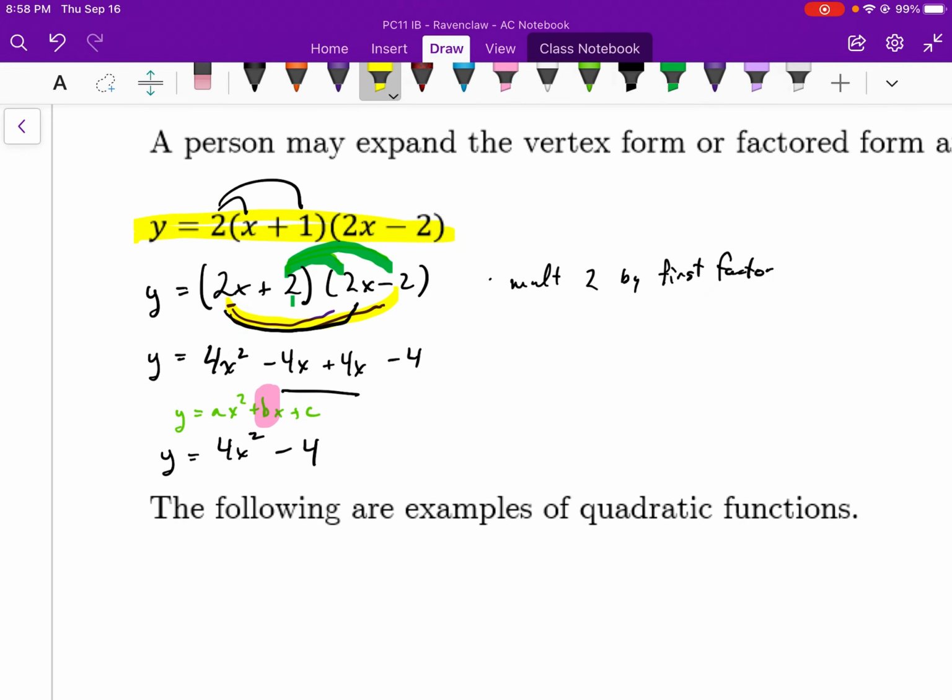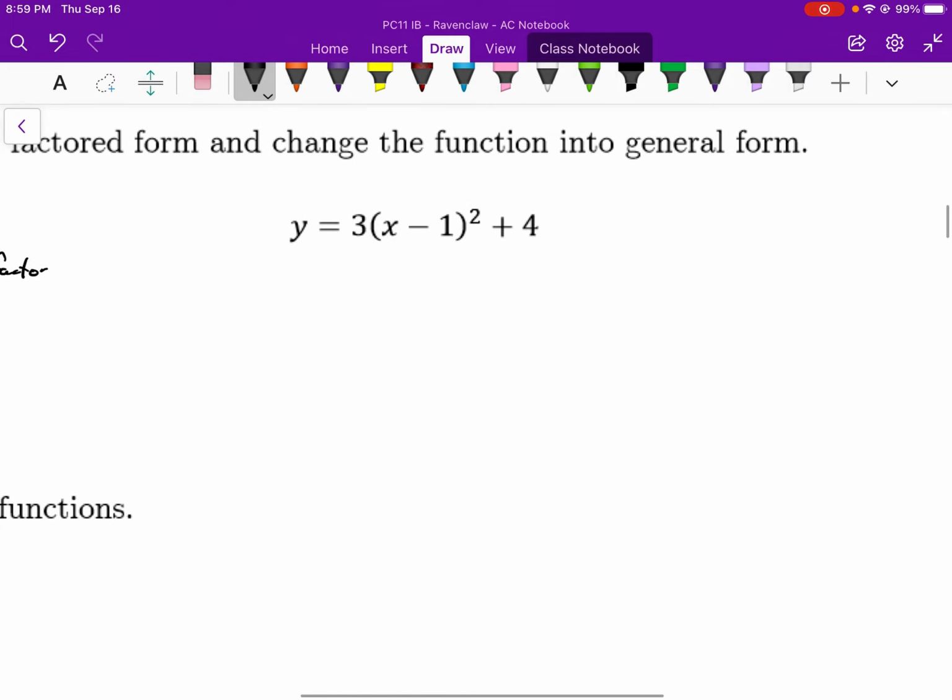So let me address a question that some of you have. Does it matter if I take 2 and multiply it into that first factor? No. But just remember, since it's a product of one factor times another, that you only need to multiply 2 into one of the factors. You don't have to multiply 2 twice.